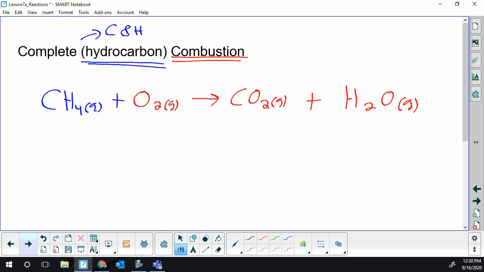So we'll balance this. Okay, we've got C's and H's and O's. If you want a systematic approach, you would make a list for each of these. I've been doing them orally a bit. I'll write them out quickly for this. Carbon on the reactant side: there's 1 in our methane. There's 1 in our CO2. Hydrogen: 4 of them in our 1 methane molecule.